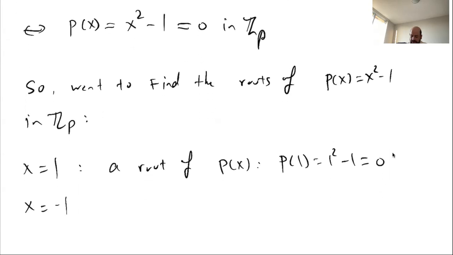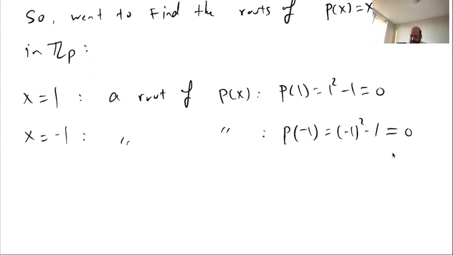X equals -1 is also a root, because p of -1 equals -1 squared -1, that's also equal to 0. They are equal to 0, so they're also equal to 0 in ZP. So that means these are two roots.